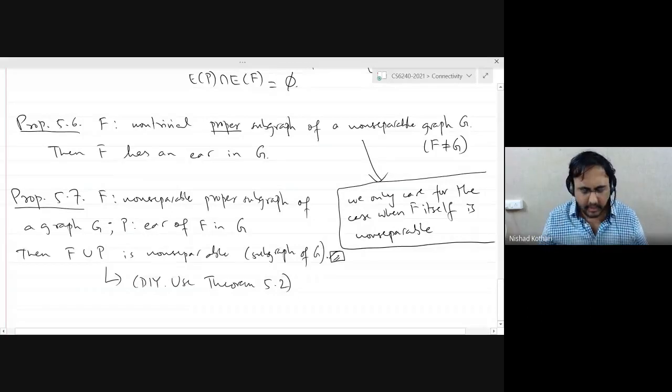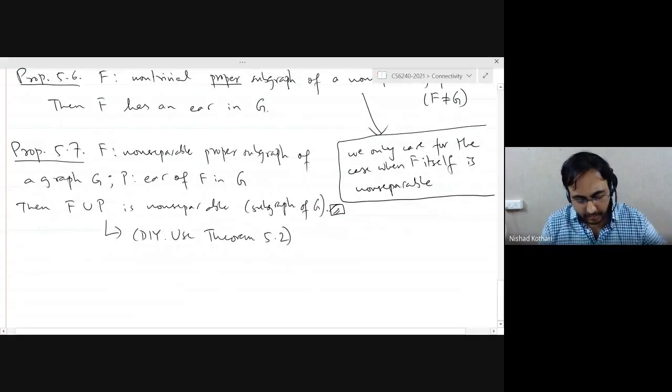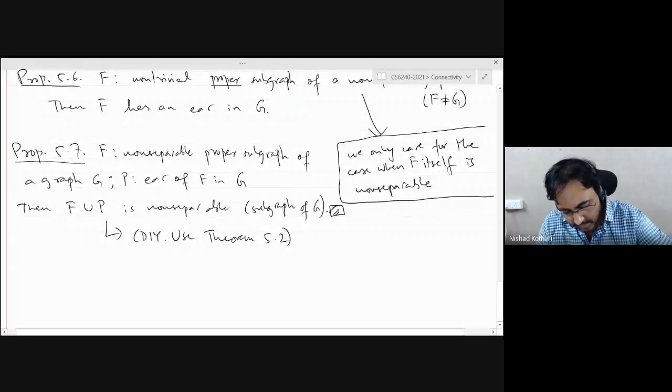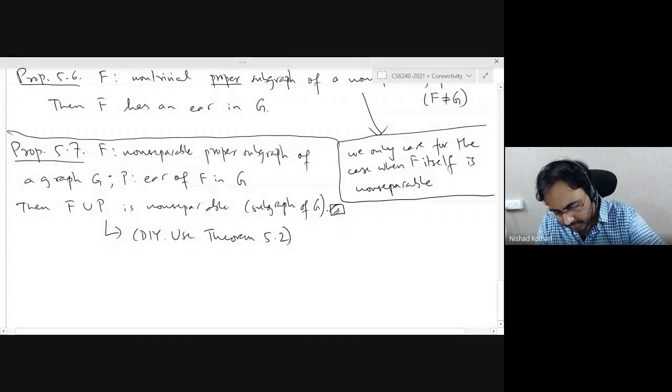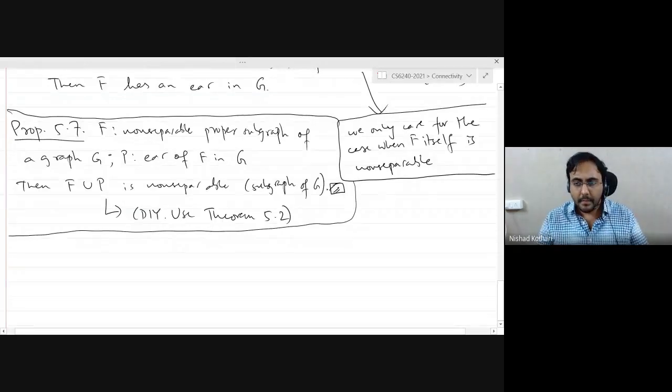If I remember correctly, 5.2 says that any two edges belong to a cycle if and only if the graph is non-separable. Okay, so using that, you can prove the second proposition. Is it clear what the proposition is saying? Because otherwise, of course, we can't prove it. Are there any questions regarding the statement of Proposition 5.7?